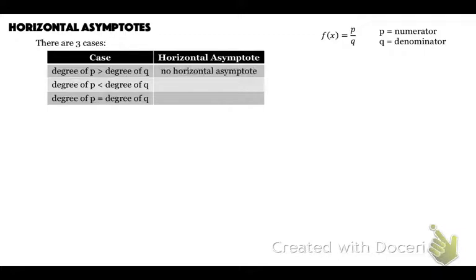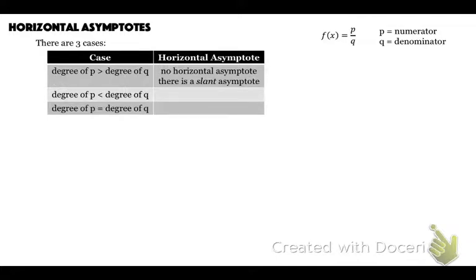So in the case where the degree of p is greater than q, there is no horizontal asymptote. There is a slant asymptote, which is also called an oblique asymptote, but slant means it's at a slant. Okay, and we're going to get into finding those in a second. And you can only have a horizontal or a slant. You don't have both.